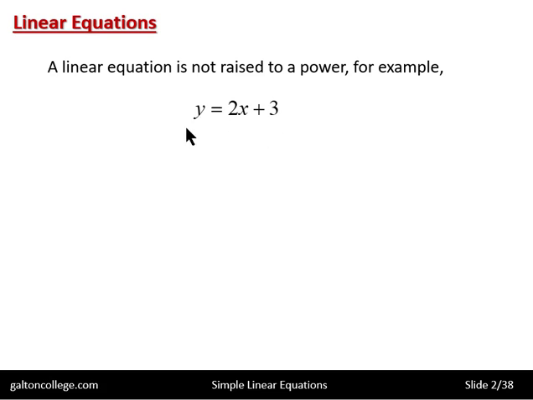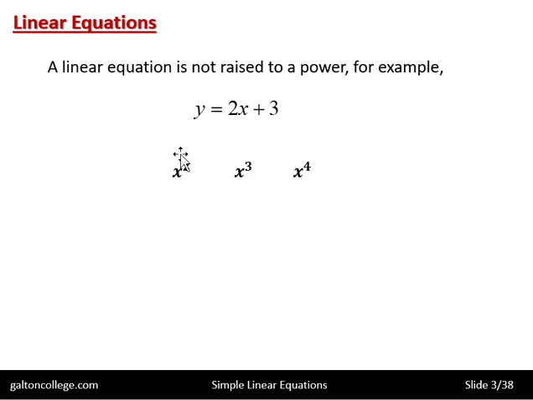So we say this is a linear equation. We don't have the x squares or the x cubes or the x to the 4. It's an x to the 1. We don't write it, but implicitly there is a 1 in there, so we say it's 2x, and this is what we call a linear equation.